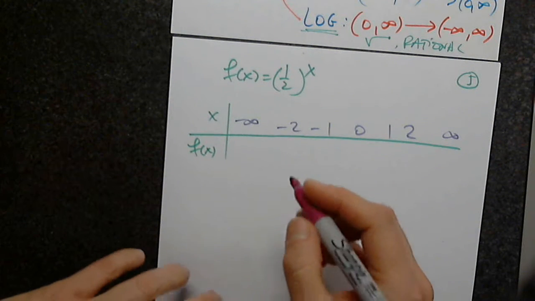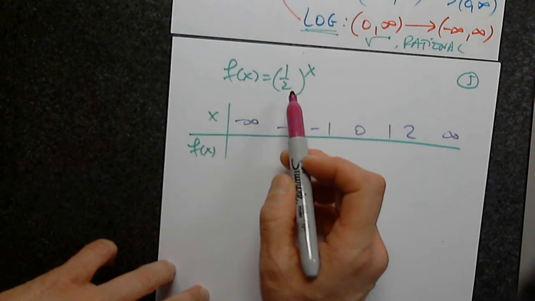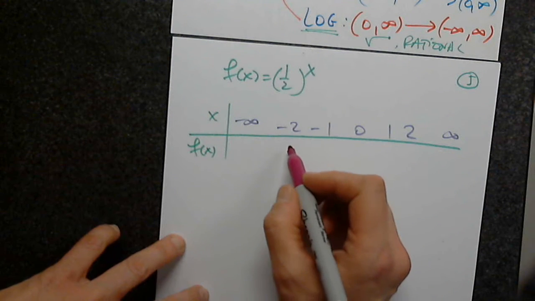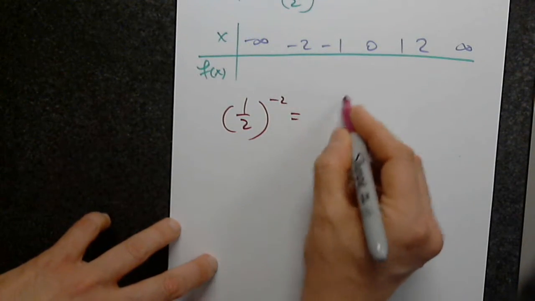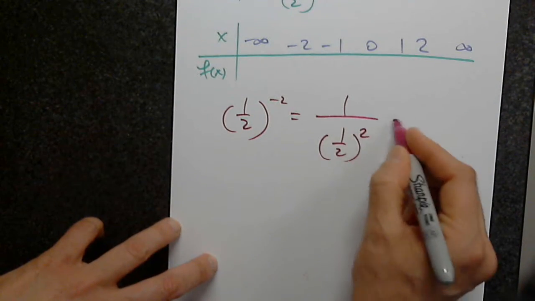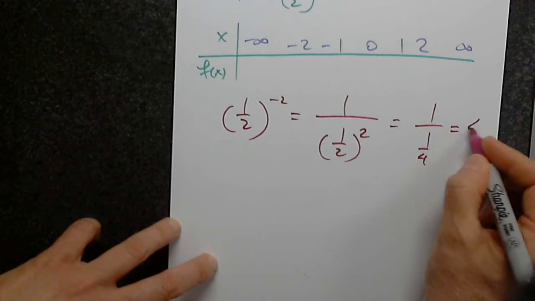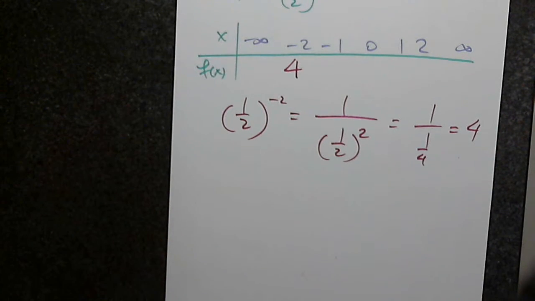But I have a 1/2 now. Okay, let's do this together. 1/2 raised to -2 is 1 over 1/2 to the second power, or 1 over 1/4, which is 4. So that is a fraction. It's a totally different story. You bring a fraction down, you raise it to the second power, you get 1/4, but then you have to flip the fraction because you are dividing by it. Is this okay?